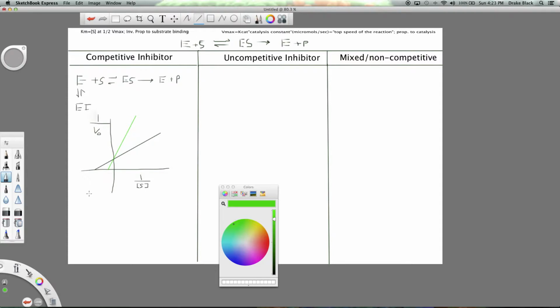So let's see, here's the 1 divided by, that's not what I wanted. So negative 1 divided by Km is this one. That one right there, and then one half of the Vmax.